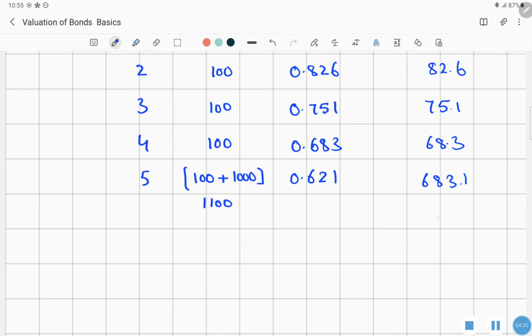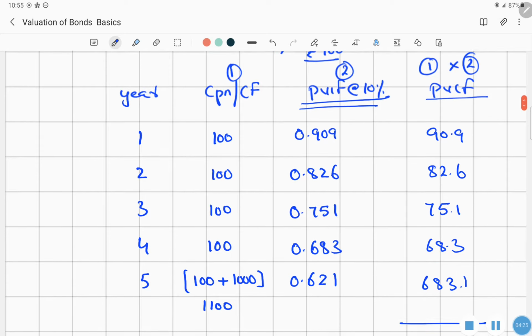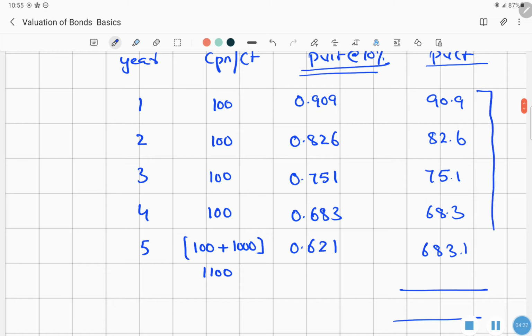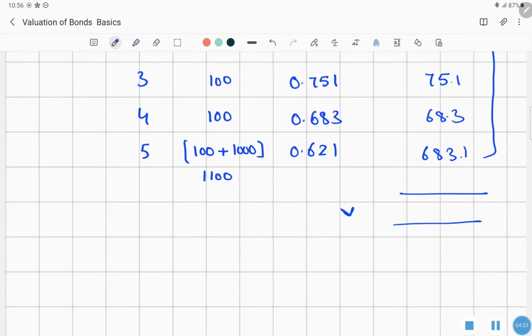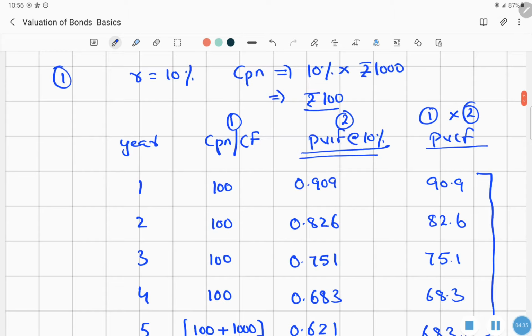So we'll be getting 683.1. Now we have to add all the present values of the cash flows. So we'll add the total present value of the cash flows and see what the value of the bond is when the required rate of return is 10% and the coupon rate is 10%.